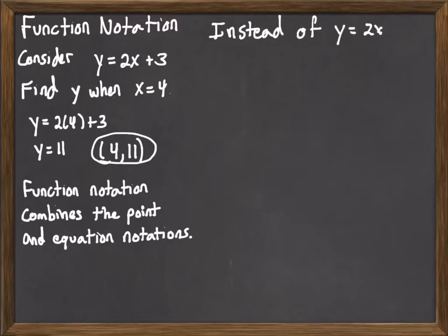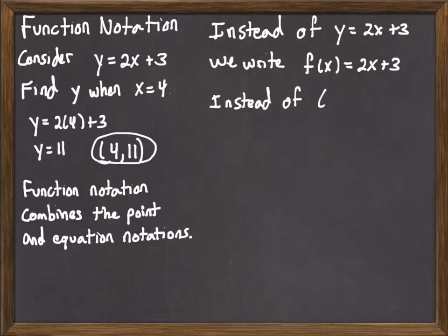So instead of writing y equals 2x plus 3, we use a function. Typically, the typical letters are f, g, and h, although you could write this as y parentheses x. And instead of writing the point (4, 11), we would say f parentheses 4 equals 11.